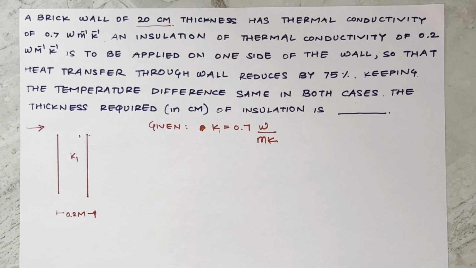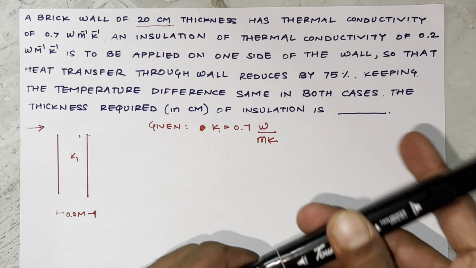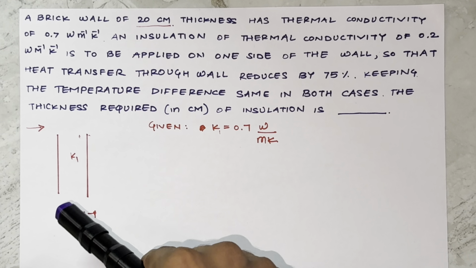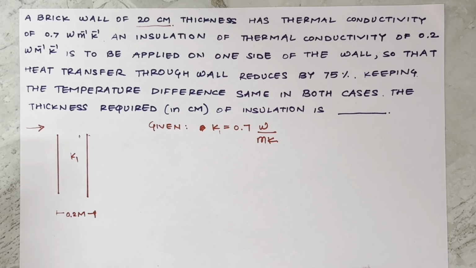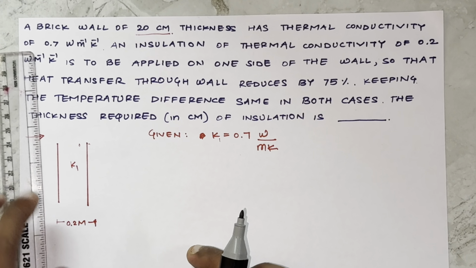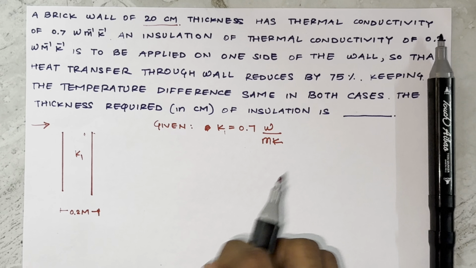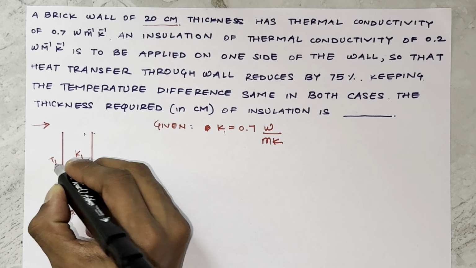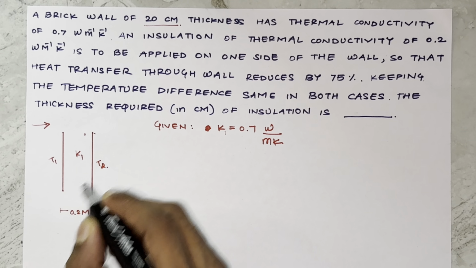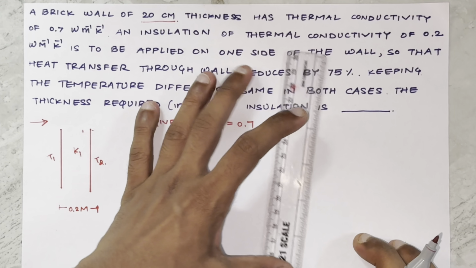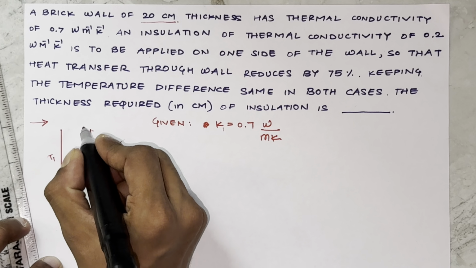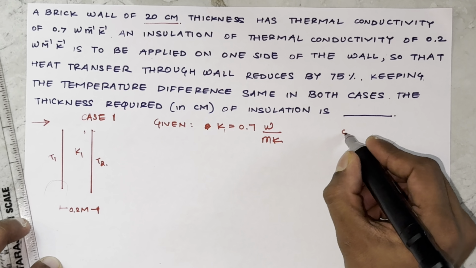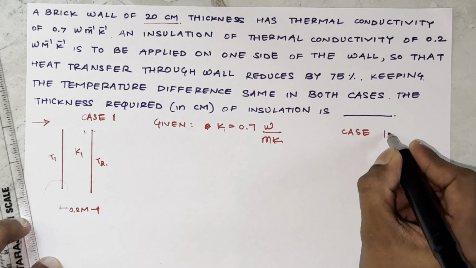Let me use a different pen to distinguish the previous case from what the question is saying now. Before, the temperatures were T1 and T2. Let's say this is case 1, and here we'll do case 2.